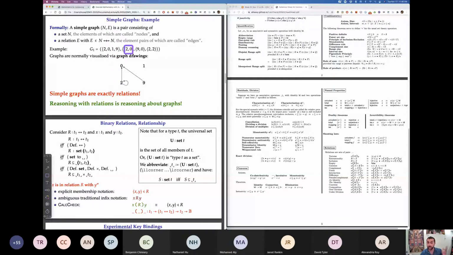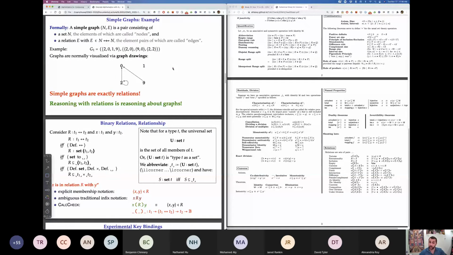Every pair can be thought of as a line. There's a line from 9 to 0, and finally there's a line from 2 to 2. And 1 is by itself. It's forever alone.